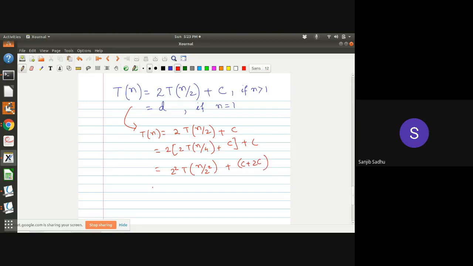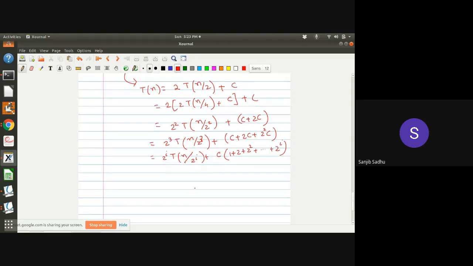And in the next case, 2^3 T(n/2^i) plus C times (1 + 2 + 2^2 + ... + 2^i). Now tell me what the value will be.